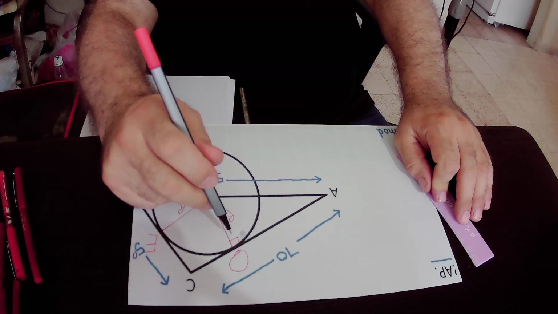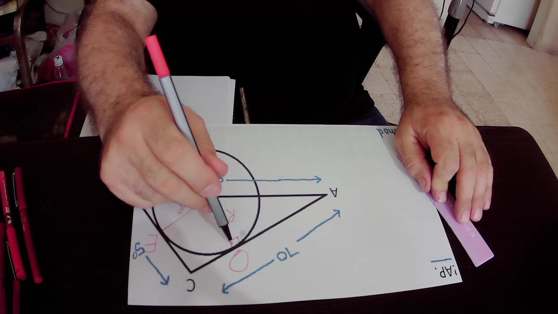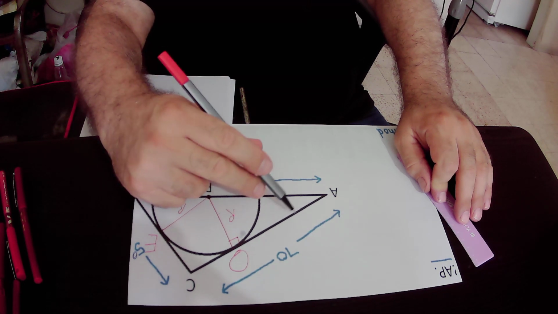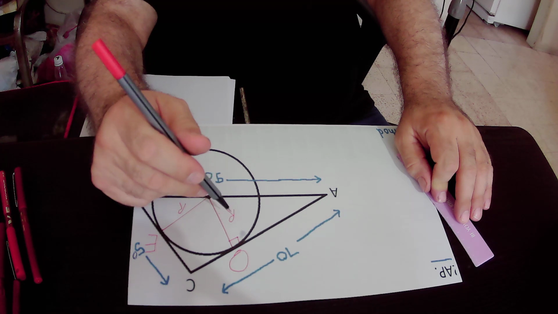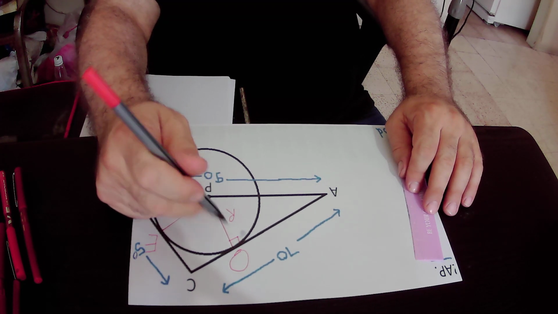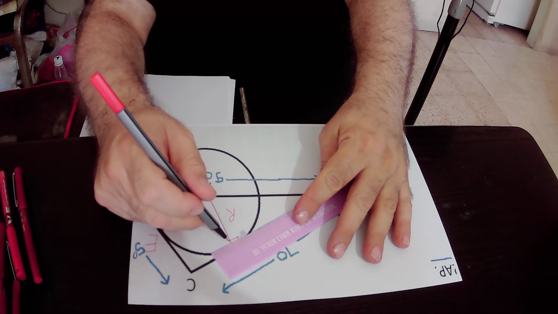So a radius and the tangent to that radius are perpendicular to each other, and for that reason angle POA equals 90 degrees and also angle POC is equal to 90 degrees.